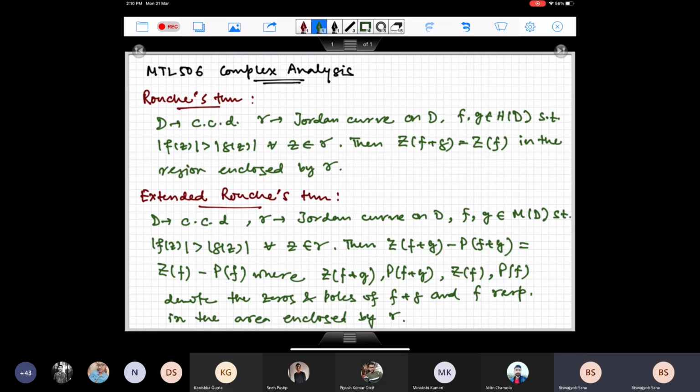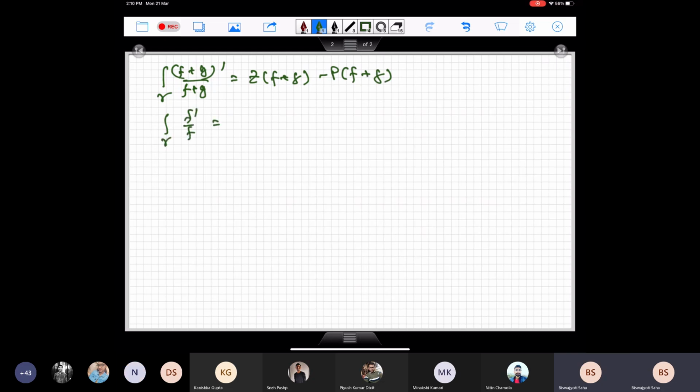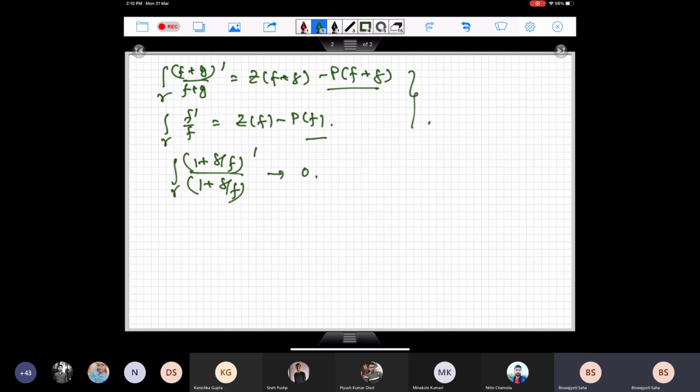There is absolutely no change when you encounter these two integrals. So this becomes Z of f plus g minus P of f plus g, by the argument principle, and similarly f prime upon f becomes Z of f minus P of f. So you just have these two things in addition, and as before, this (1 plus g upon f) prime divided by (1 plus g upon f) is still going to be 0, because this is still going to be the winding number of some path.